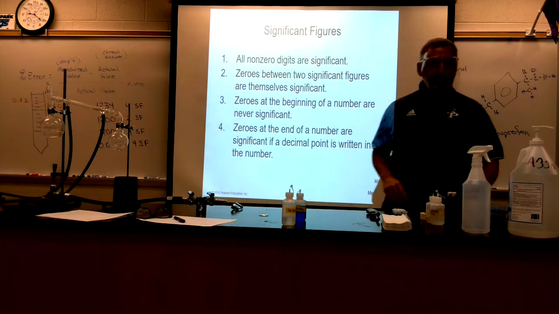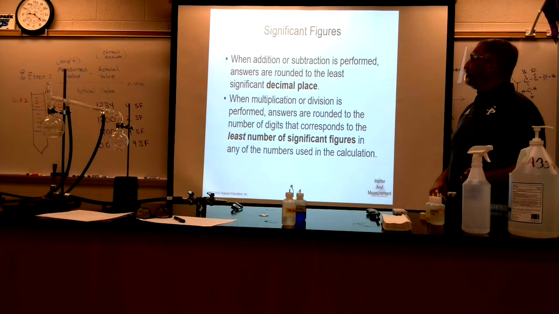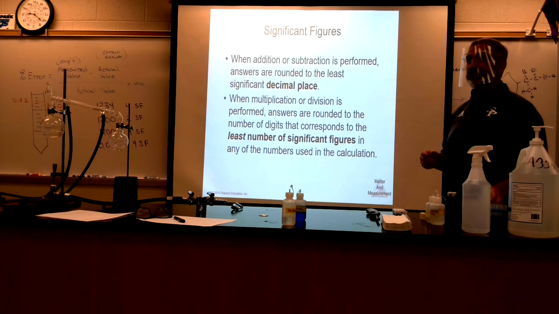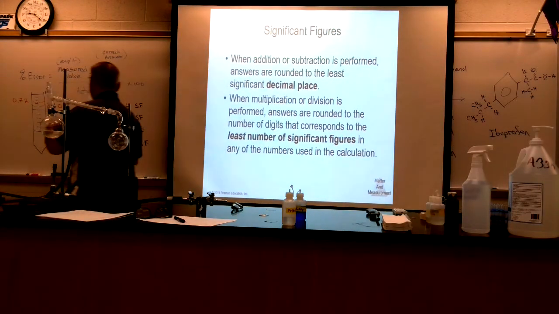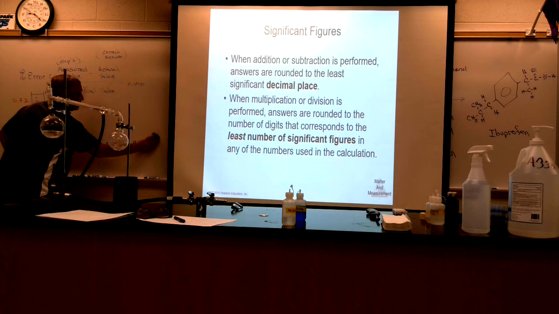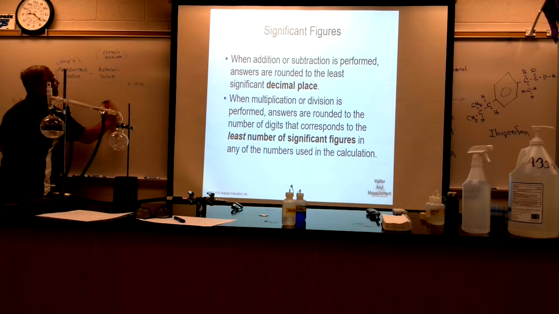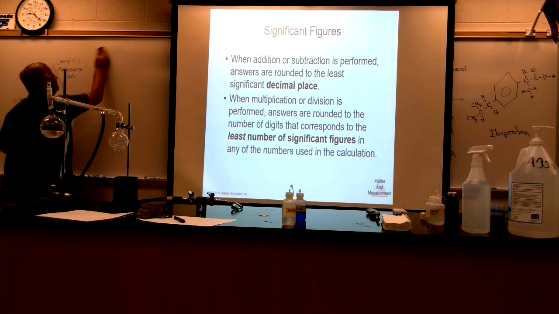Okay? Now, when we're adding and subtracting and multiplying and dividing, we have different rules. But you all have heard the expression, you're only as strong as your weakest link.